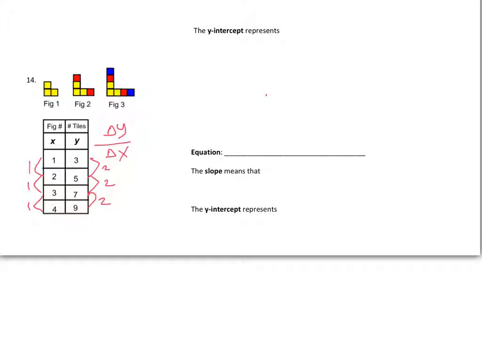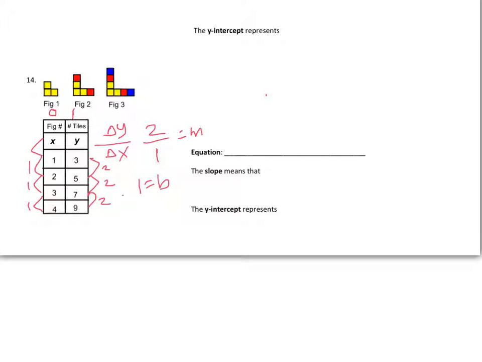So, the increase of y is 2. Increase of x is 1. To figure out our y-intercept, we have to back up once to 0. I'm going to put it above, since there's no room below the x. 3 minus the 2 would be 1. So, this equals m, 1 equals b.